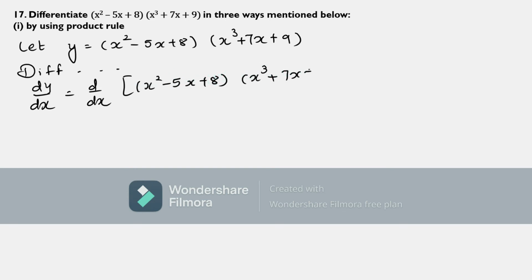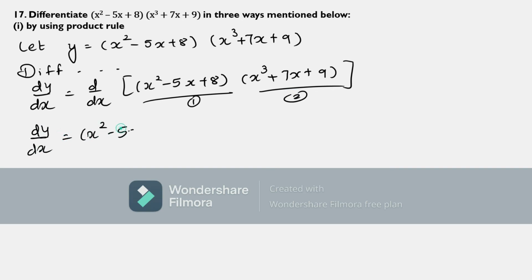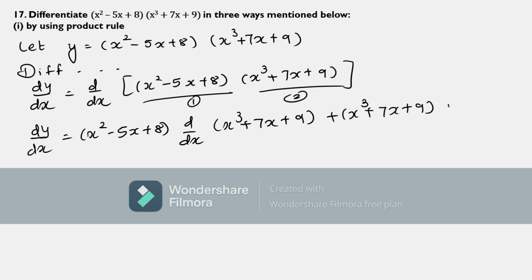We are starting the differentiation. Now we'll apply the rule: this is your first and this one is your second. So dy by dx is equal to first as it is, differentiation of second, plus second as it is, differentiation of first.